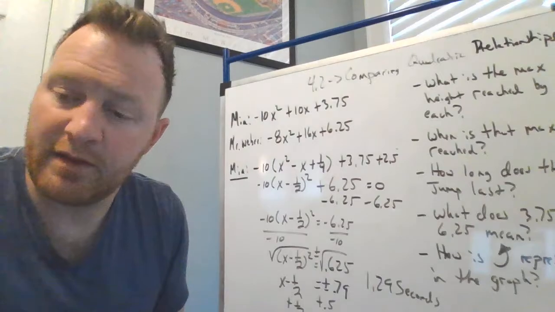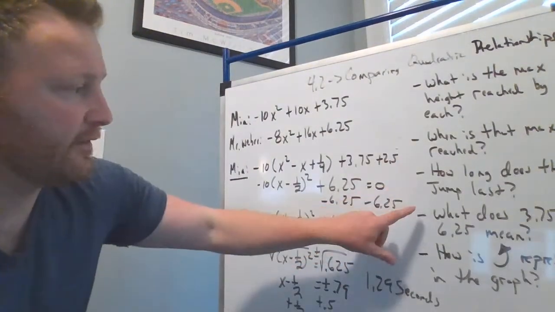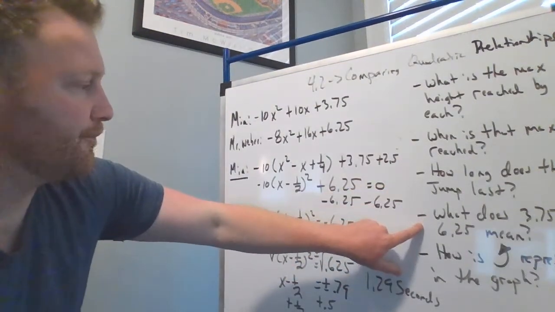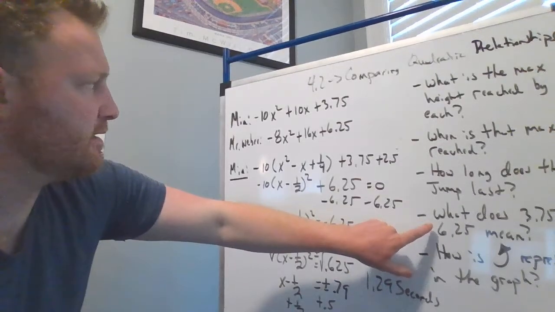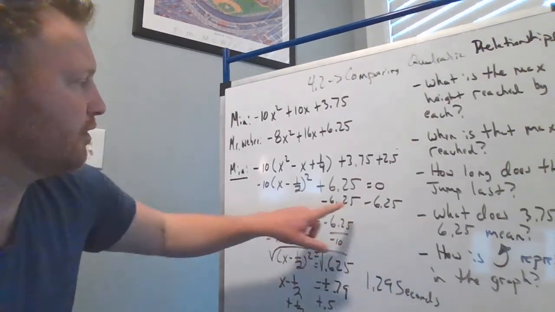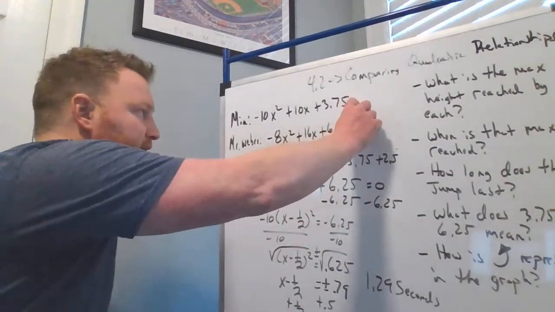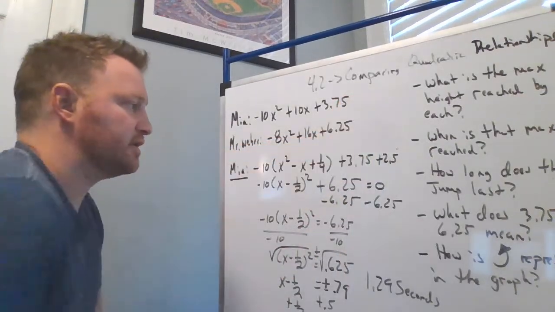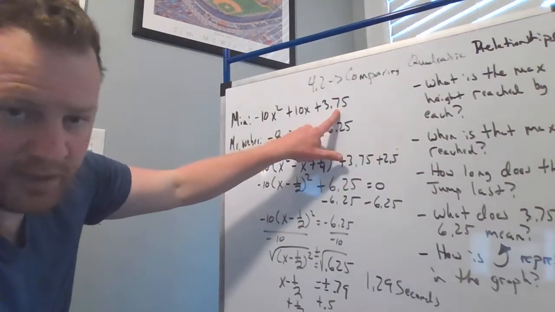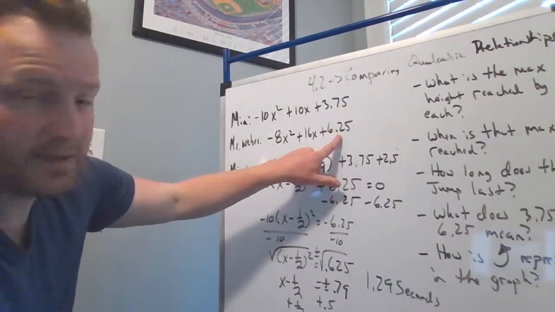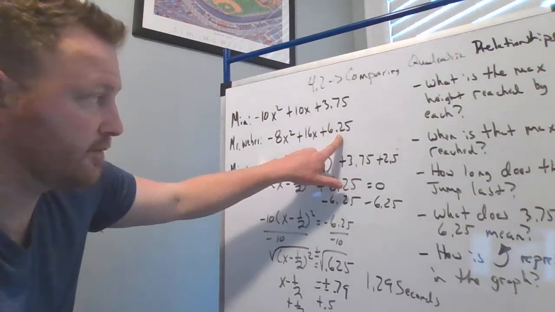That is going to be the example that carries you for the, I'm sorry, I could finish answering this. What does 3.75 and 6.25 mean? What do both of these questions mean? So this means how tall Mia is. This means how tall yours truly is, okay?